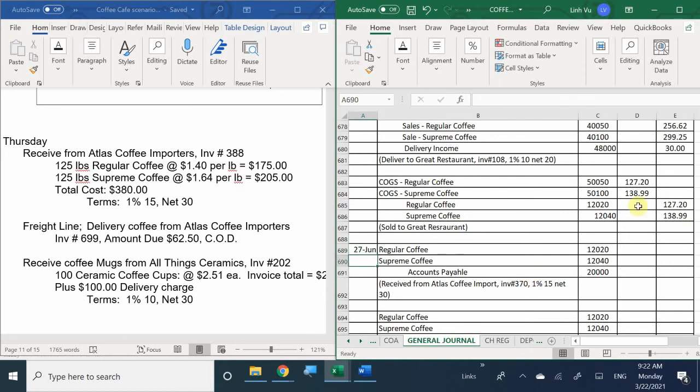Okay, so we got regular coffee for how much? $175 in regular coffee. Shipping 12. So I should get a grand total of $380 even.